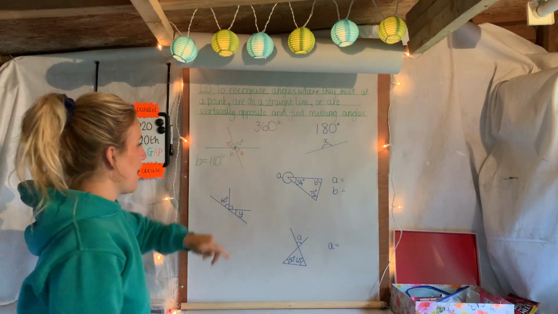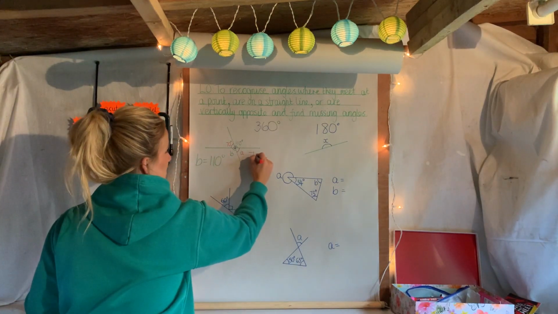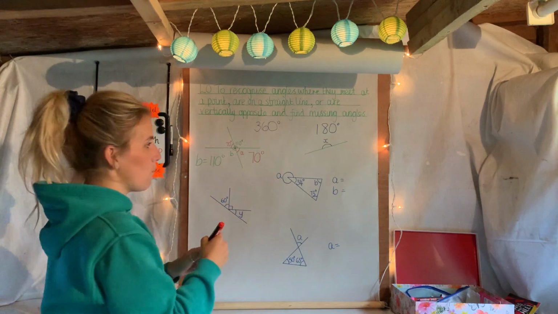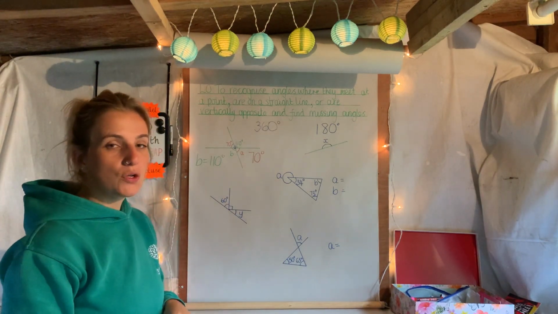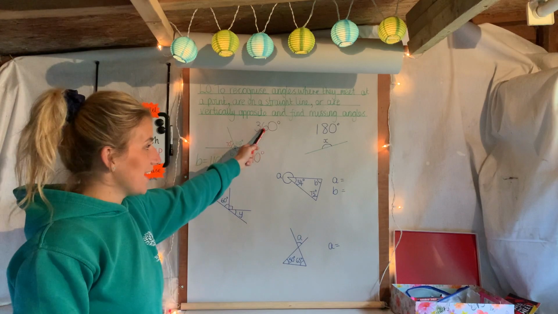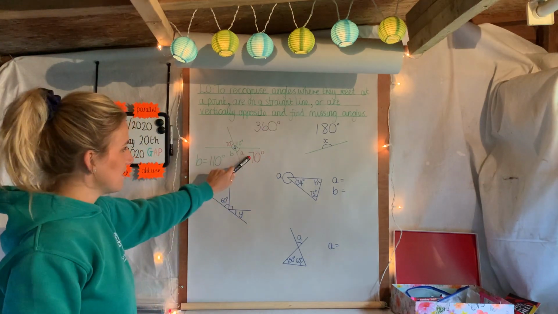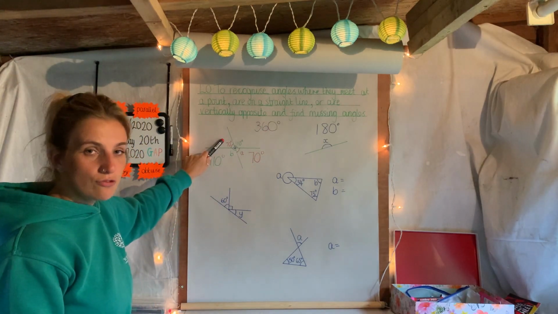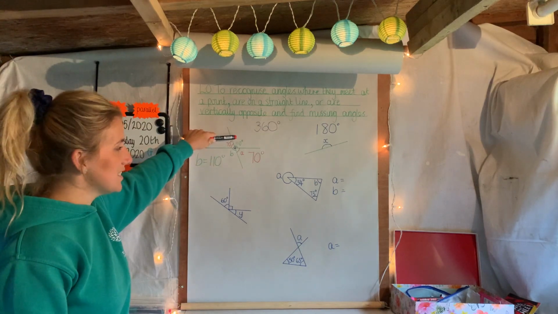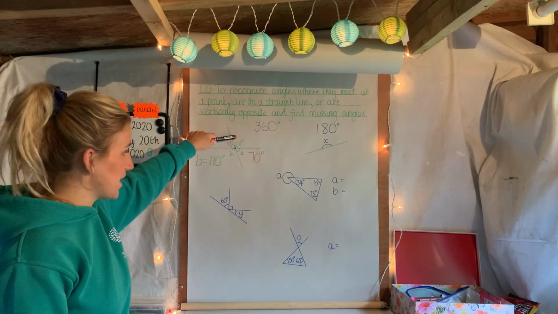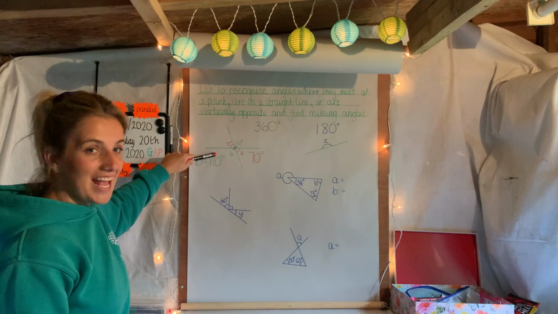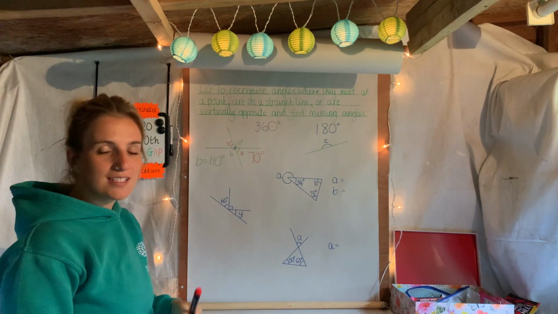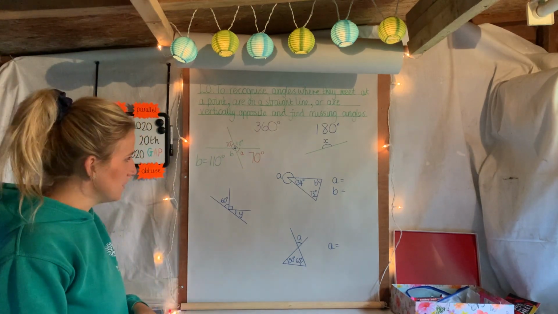So A, therefore, equals 70 degrees. Now, all being well, that should add up to 360. 70 add 70 is 140. Add 110 is 250. Add another 110 is 360 degrees. So we've got the right answer, okay?